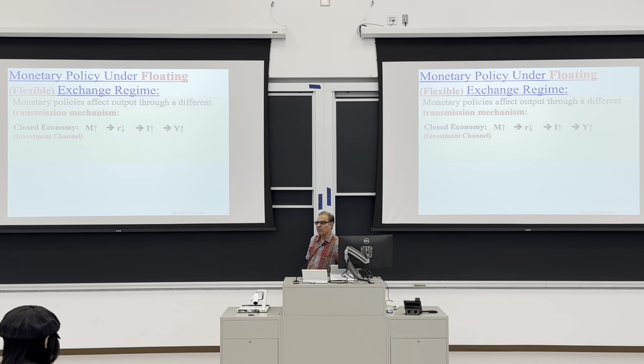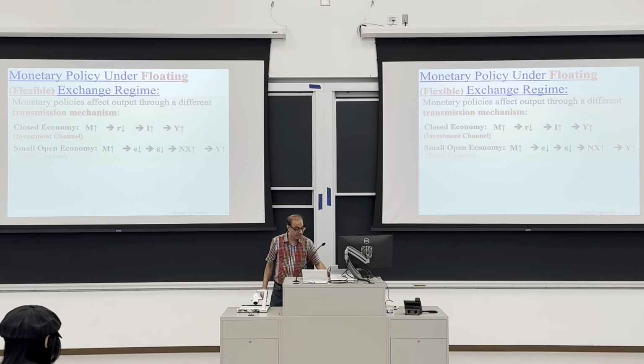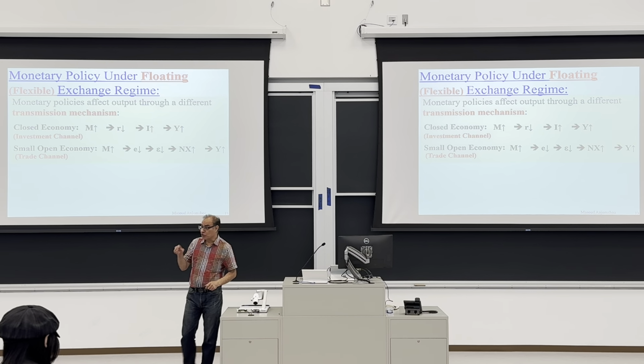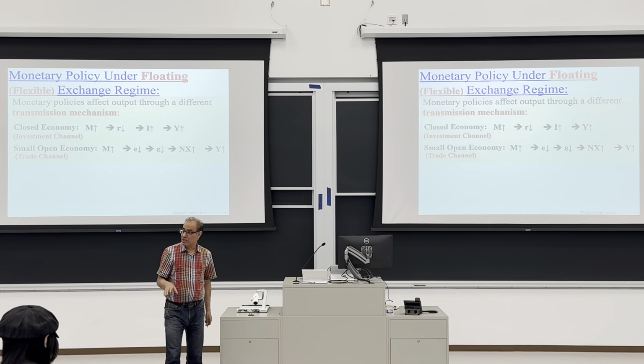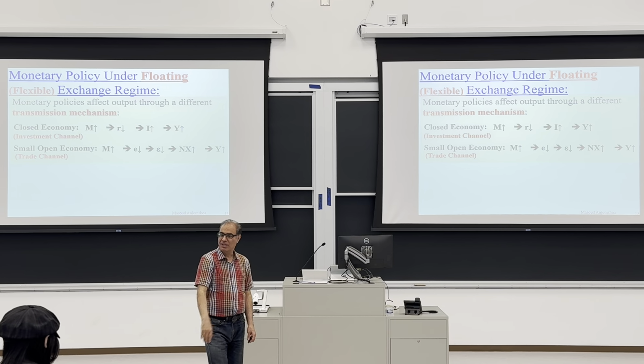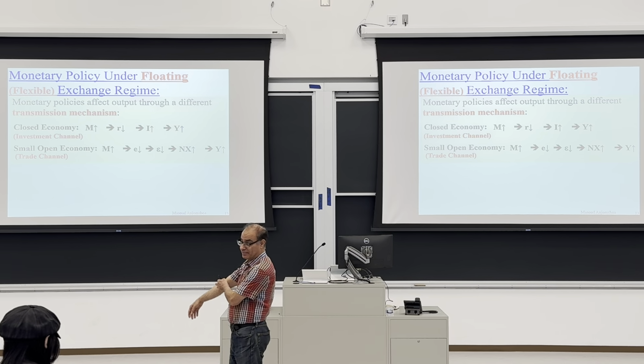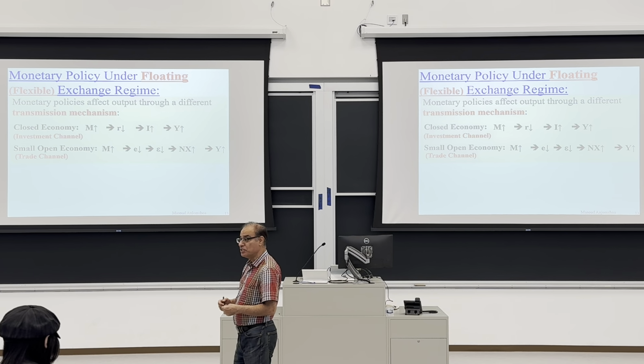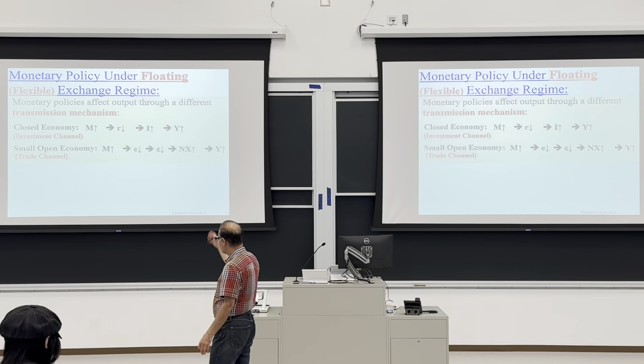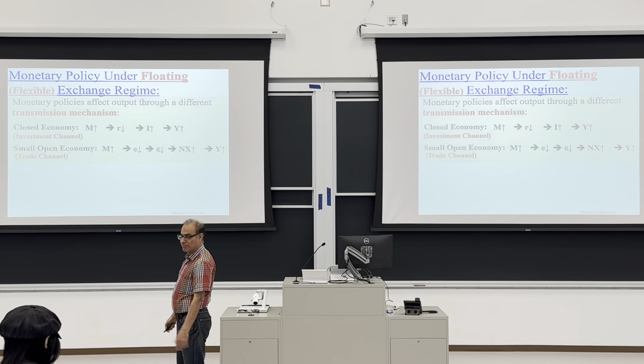So this is called investment channel. But in open economies, M goes up, depreciation, nominal depreciation, real depreciation, net export goes up, output goes up. Can you see that? In open economies, monetary policies are working through trade channel. But in closed economies, monetary policies work through investment channel.